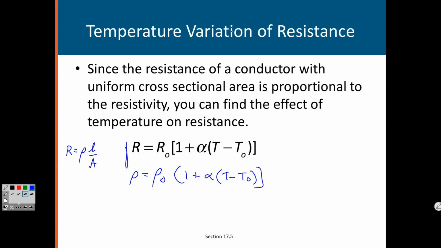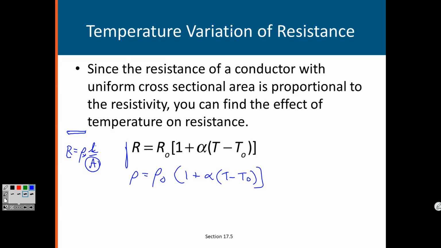So provided we have a given substance, a given material, a given piece of resistance, if the cross section is constant and given, meaning a certain length of the piece of resistance, the resistivity is proportional to the resistance.